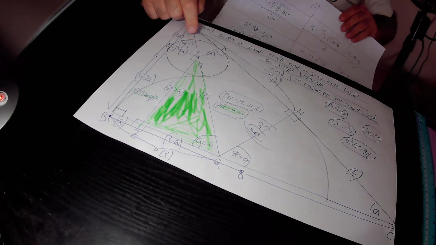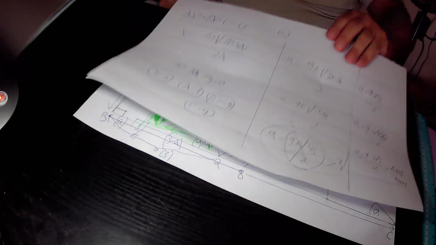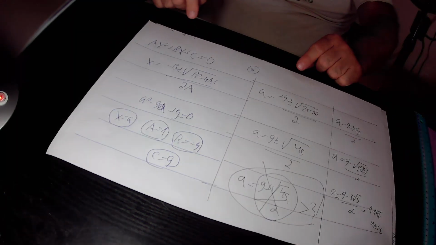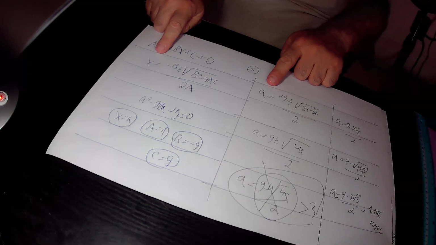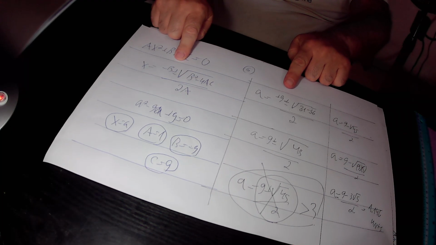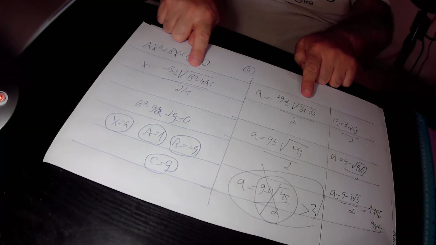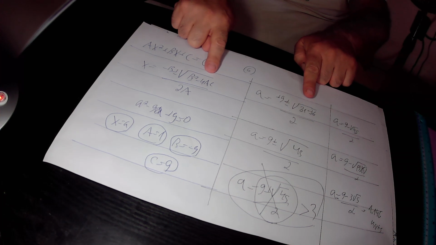And a is the radius of this small circle, that is the radius that we are looking for in this question. So we did it, and found again x equals a, so a equals minus b. b is minus 9, therefore minus b is plus 9, plus minus square root of b squared. b squared is minus 9 squared, that is 81, minus 4 times a, which is 1, times c, which is 9, so minus 4 times 9 is minus 36.